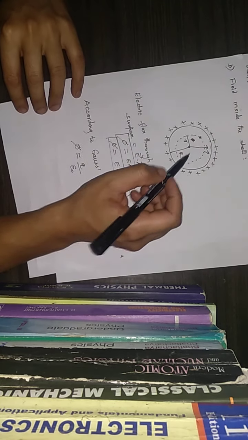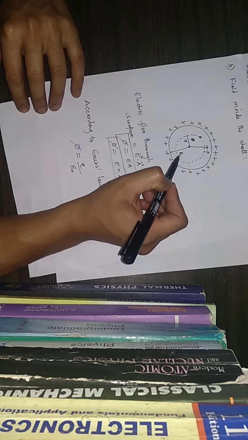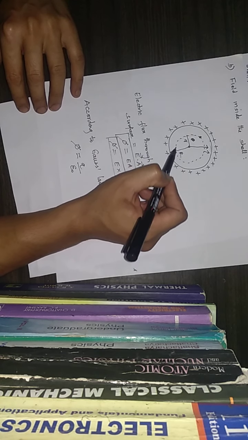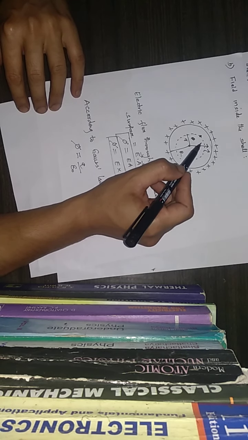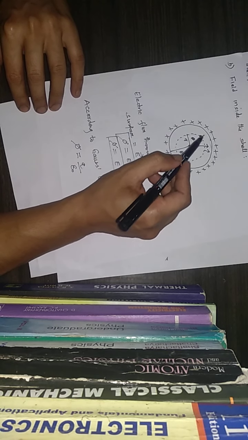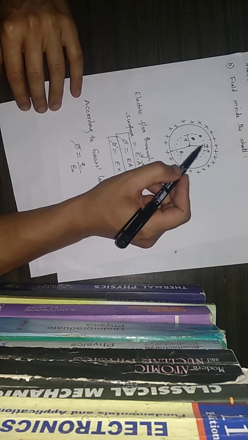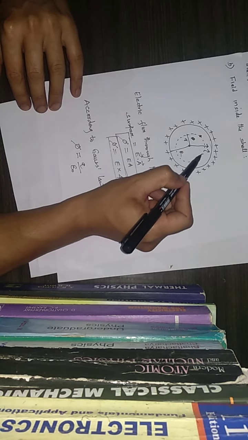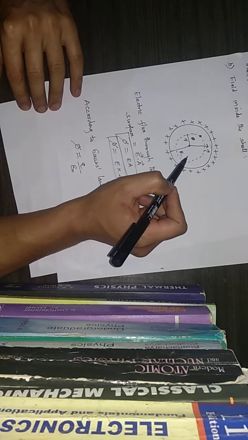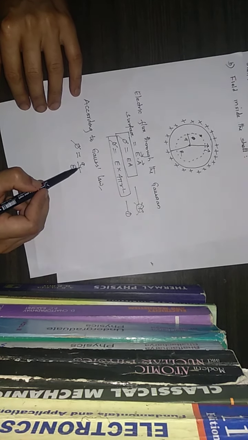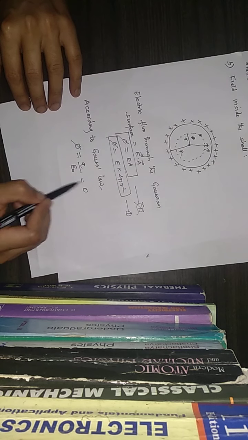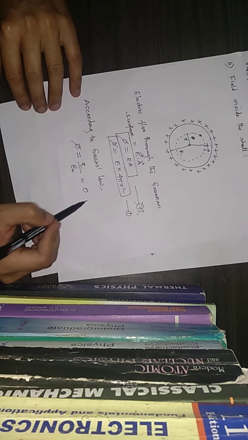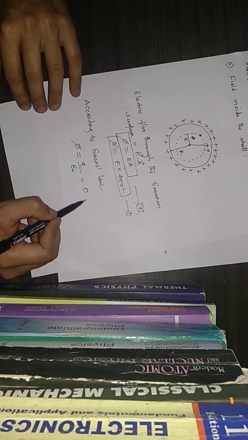But in this case, what is the charge enclosed by the Gaussian surface? All the charges are outside the Gaussian surface. That means this Gaussian surface does not enclose any charge in reality. Hence, the charge enclosed by the Gaussian surface is 0. Hence, the value of the flux will also be 0. So this is equation 2.